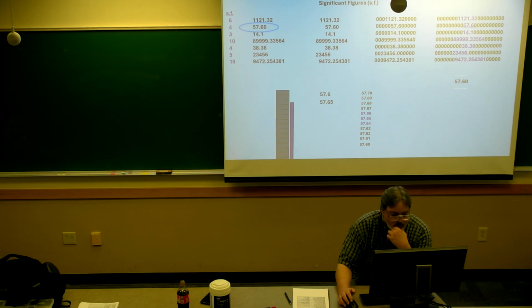Most of the time in chemistry you're reading a graduated cylinder, but it's the exact same concept, and what I'm describing is true of any measurement. You're measuring this and you can tell you're in between the 57.6 and the 57.7.